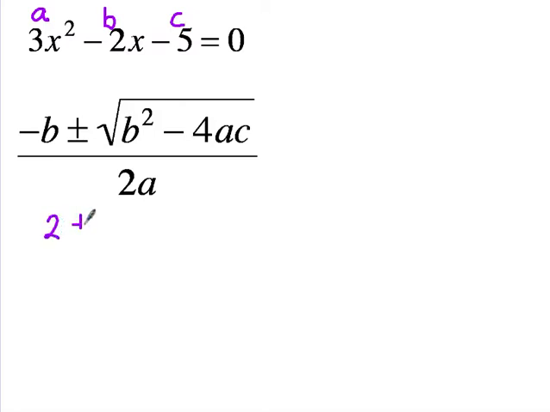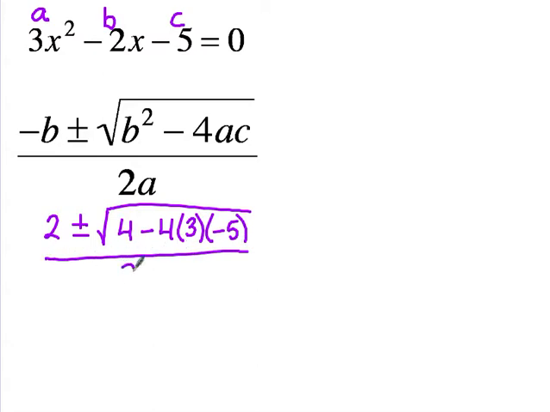2. Plus or minus. Now if you really wanted to make things a little bit faster, you could actually go ahead and square B right now. If I square B, what do I get? 4? Yeah. Okay? Never get a negative. That's always got to be a positive, that first number there. So 4 minus 4 times 3 times negative 5 all over 2 times 3.